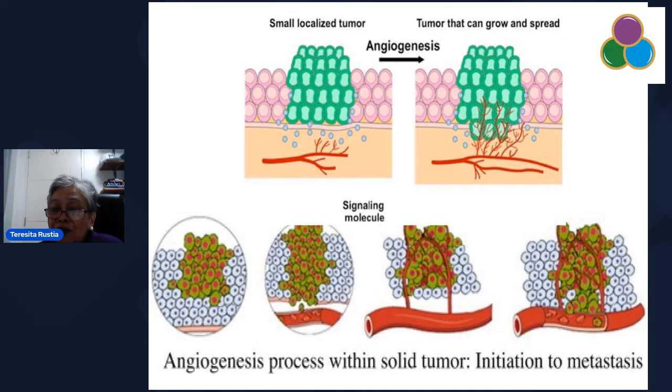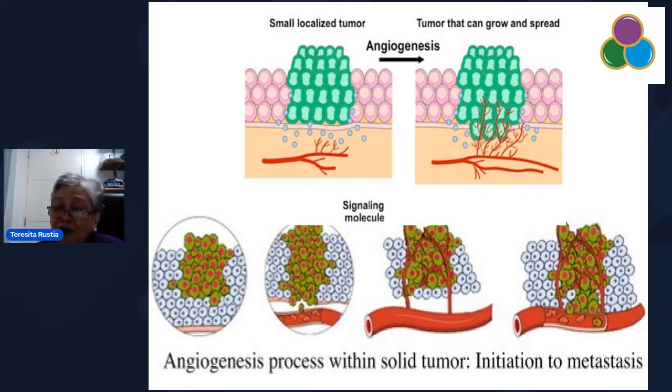Okay? The blood vessels that they have developed will also be the passageway of the cancer cells so that they could spread to other parts of the body. So, angiogenesis could be the initiation to metastasis. Okay?